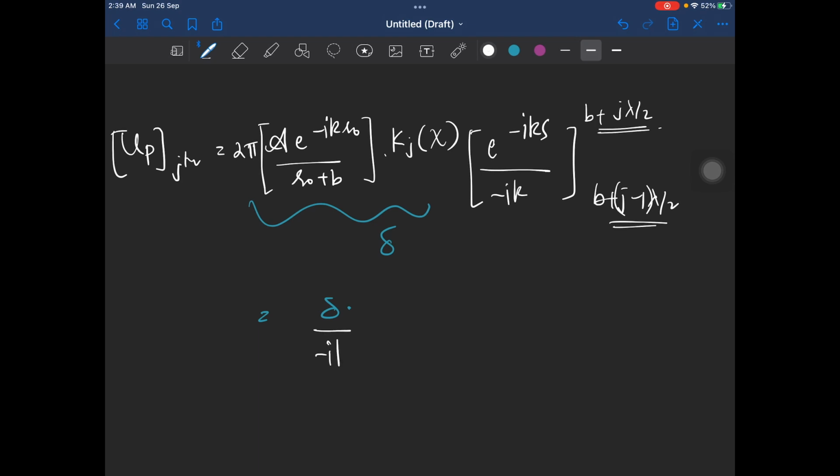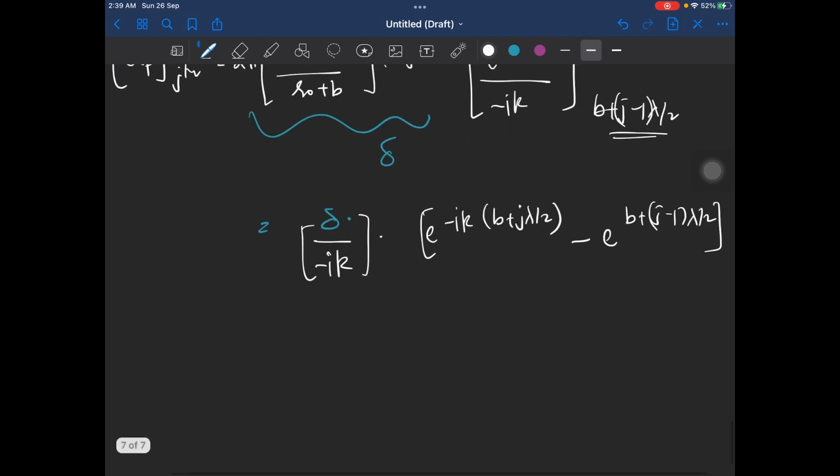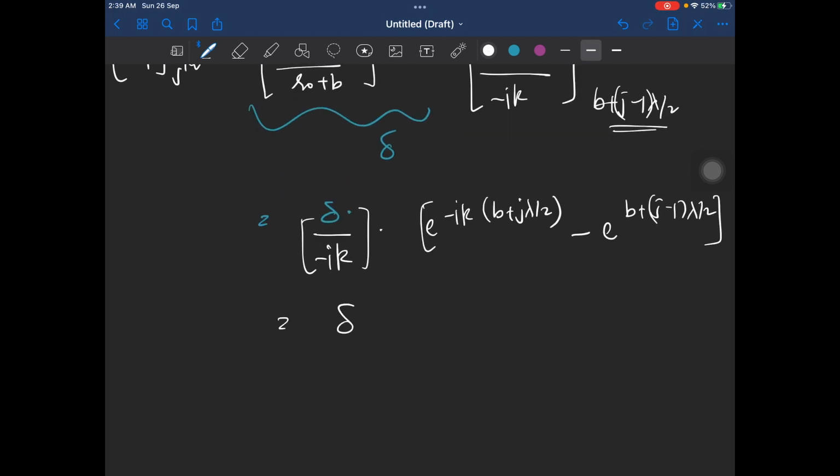Delta times ik, e^(-ik(b plus j lambda by 2)) minus e^(-ik(b plus (j minus 1) lambda by 2)). Okay, we just take things common.